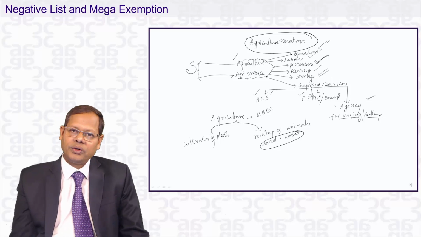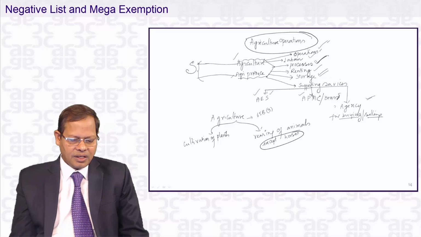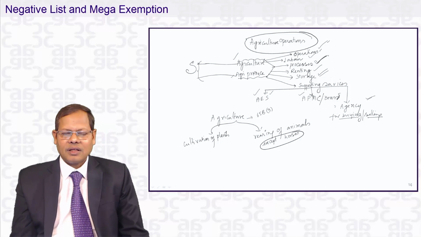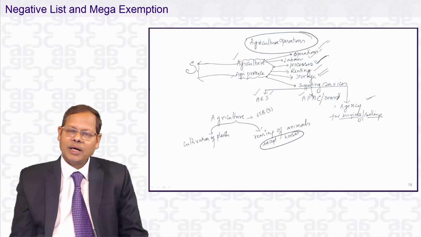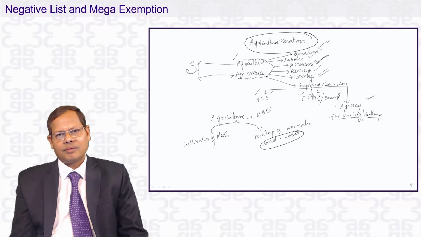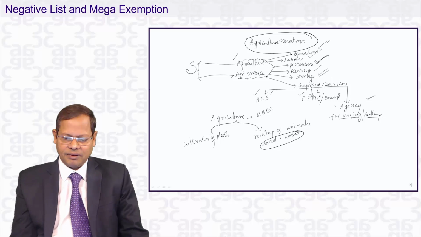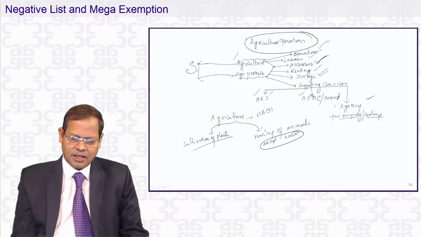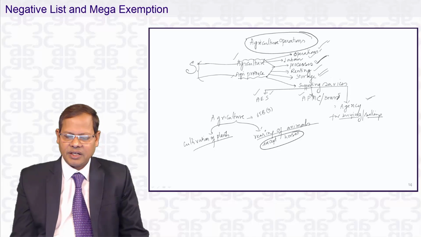It may be for food, fiber, fuel, raw material, or other similar products. Purpose may be anything. So here, cultivation of plants and rearing of animals.